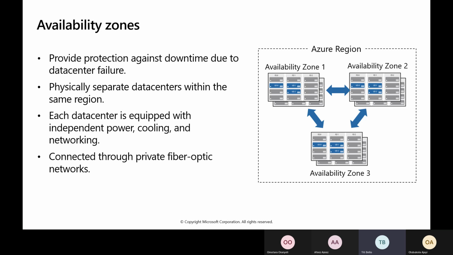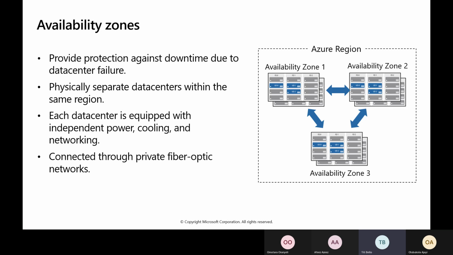So now, if you look at this screen, you have 3 availability zones, and each of the availability zones contains multiple data centers. Looking at the screen, you will notice availability zone 1 is linked to zone 2 and is linked to zone 3.